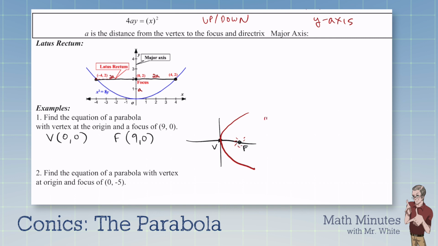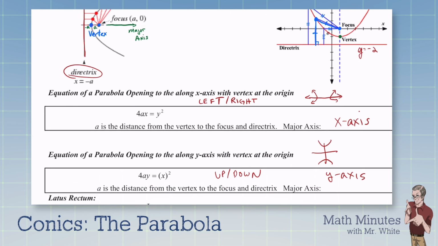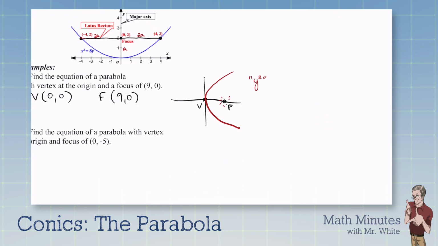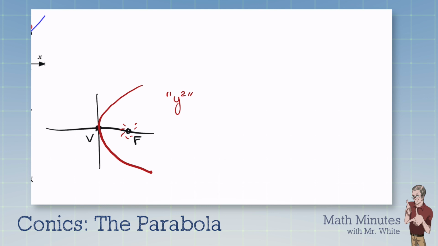Now that's a y squared. Remember in our notes up above? When it opens to the left or right, it's a y squared equation. So I'm going to write that down here. I'm going to write down 4ax equals y squared. The number 4 is just part of the formula. A lot of students ask me that.